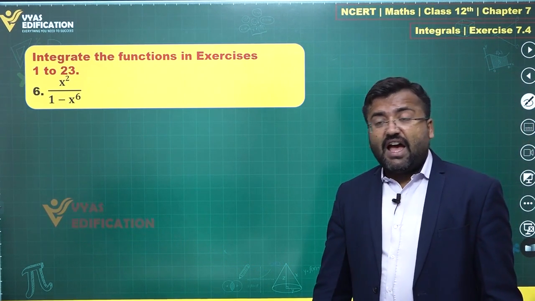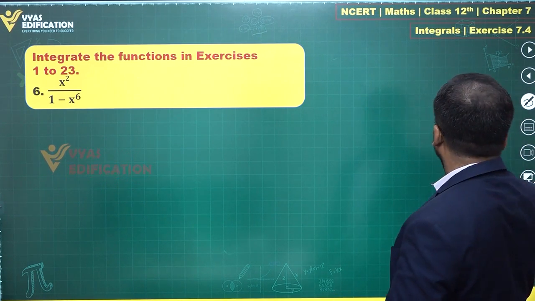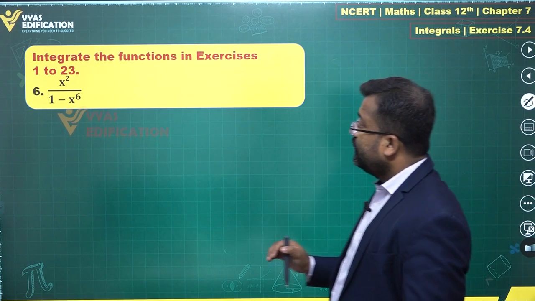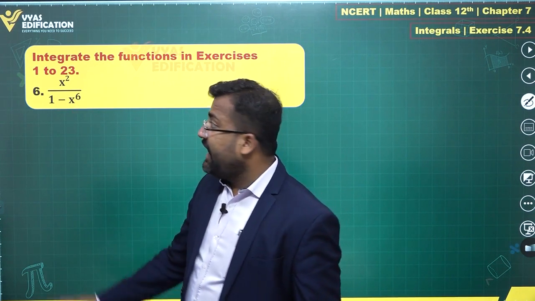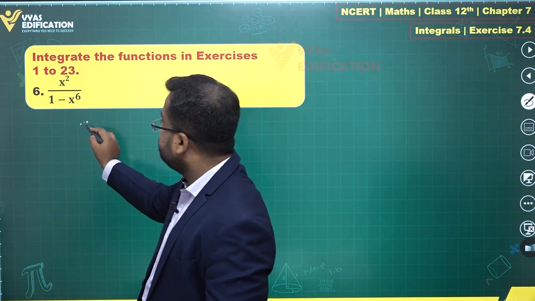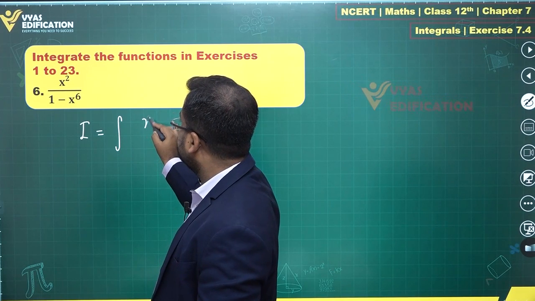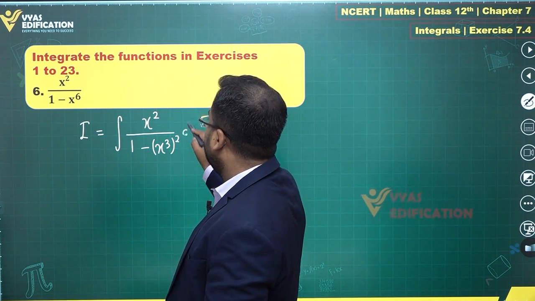In the sixth question, we have x square upon 1 minus x power 6. How do we handle this? This is square of something, right? This is square of x cube. And the derivative of x cube is present over there. Yes, that will help us. 1 minus x power 3 square dx.